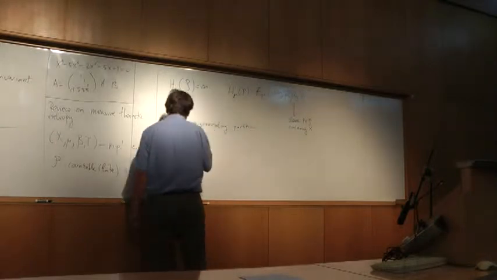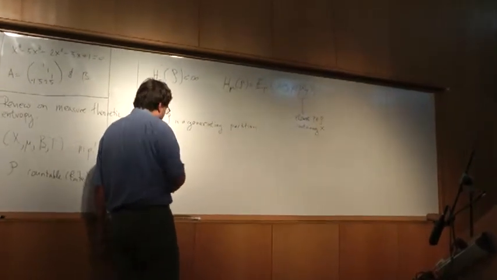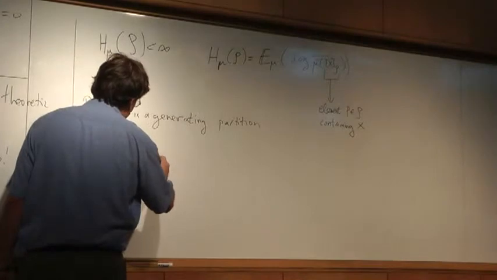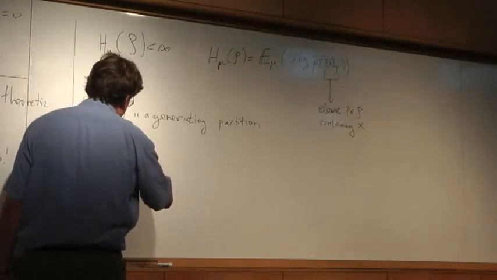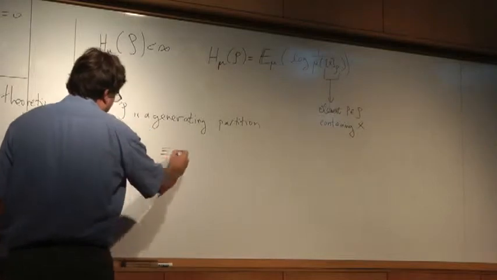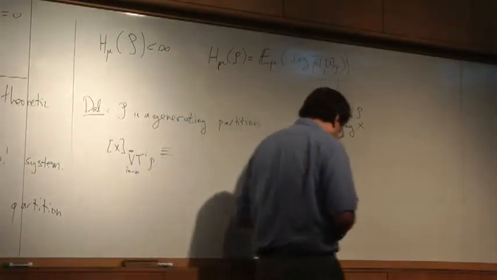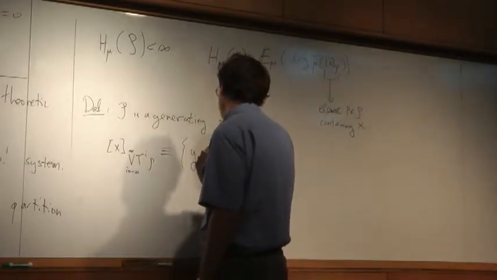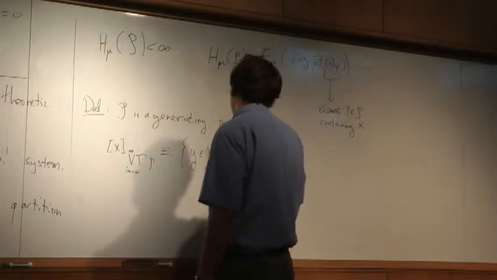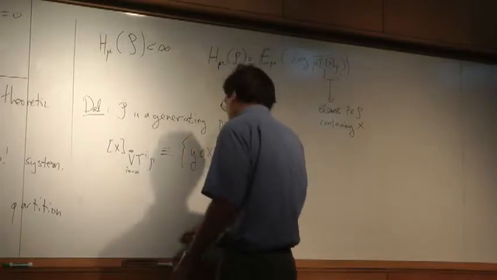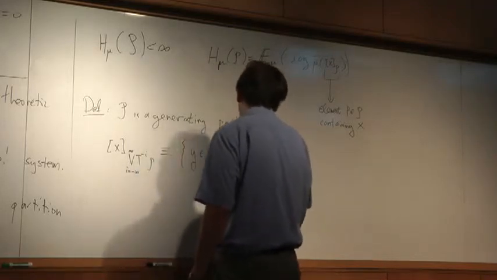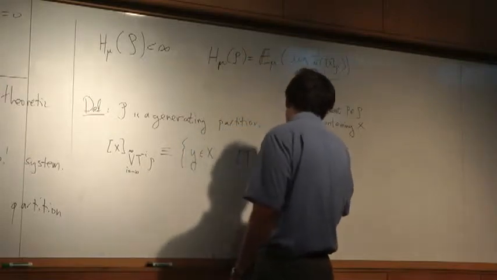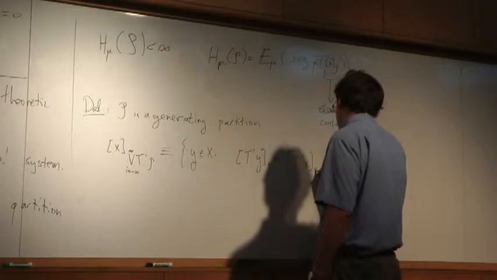If I look at the atom of x according to the sigma algebra generated by translates of P, which is by definition, if you don't like atoms of a partition, a countable generated partition, this is by definition the set of all those y's inside x such that the element of the partition P containing T^i y is the same as the element of the partition P containing T^i x for all i.